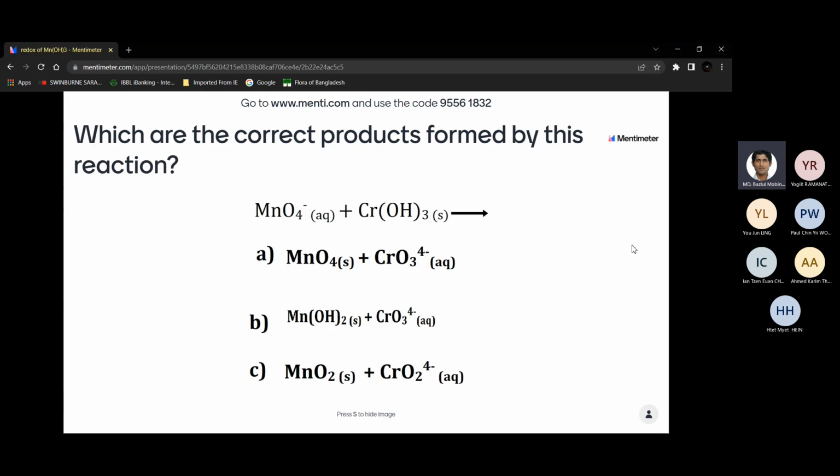Which are the correct products formed by this reaction? That means which reaction is correct? A, B, or C?